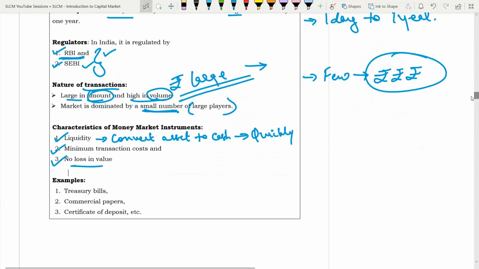What are the examples? A few examples are treasury bills, commercial paper, and certificates of deposit. These are all examples of money market instruments.